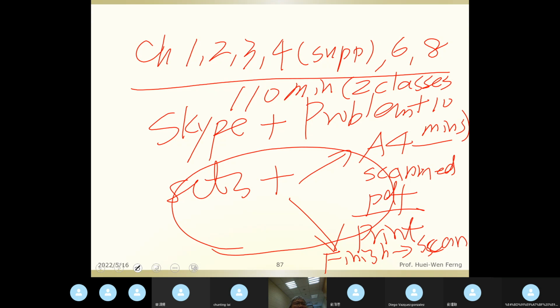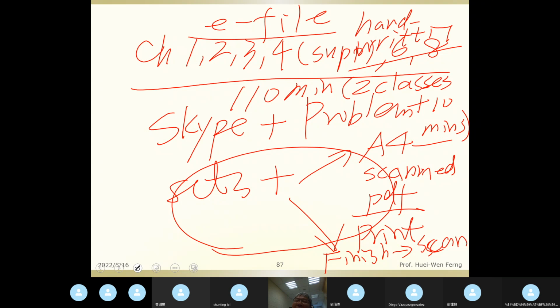And you are not allowed to have the answering using the e-file. So you need to print or you need to scan and handwrite. Okay, handwriting is allowed simply. And that's why no need to use e-file. But finally, you need to change it to e-file, to PDF, and send it to me.